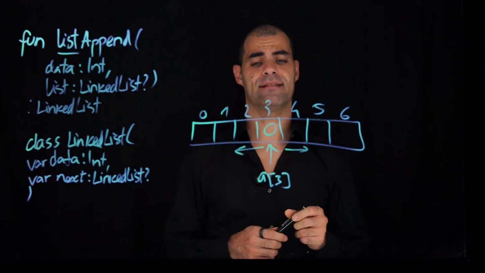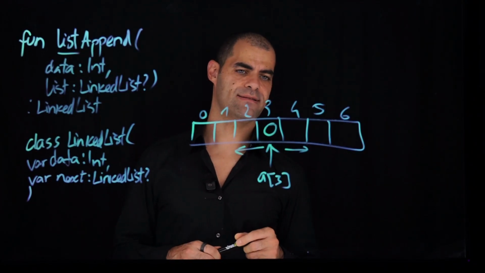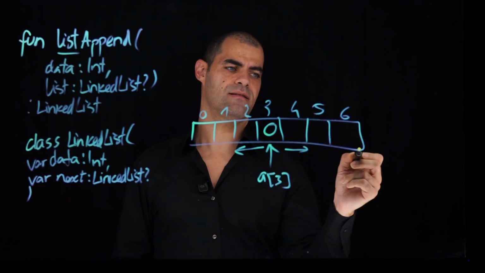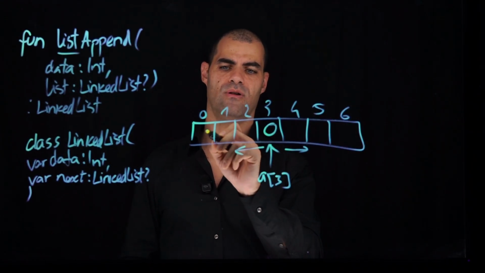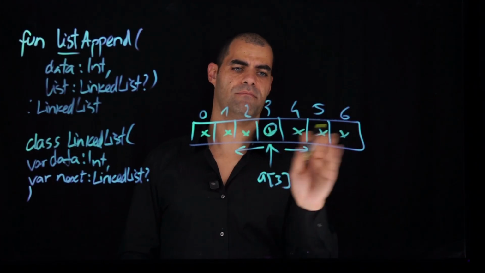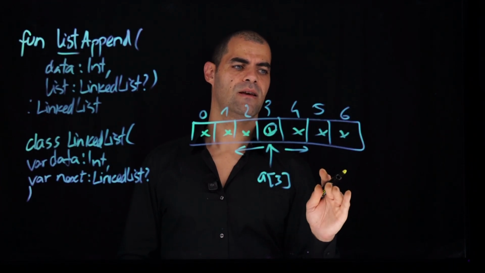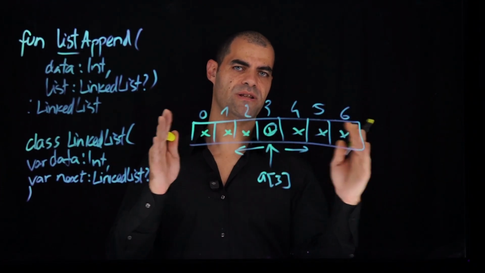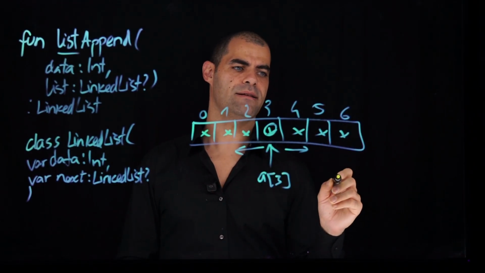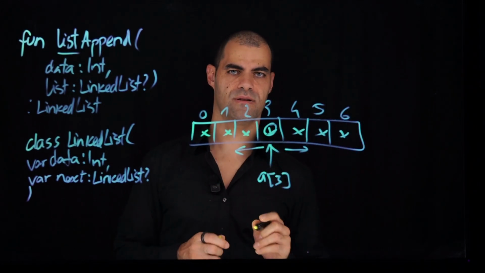The way that we solve this problem with dynamic arrays is that if we find that there is no space left, so all of these positions have elements, and we want to add another element, we will create a new array that is bigger than this one by a certain percentage, and we copy everything to the new array, and then we discard this one.